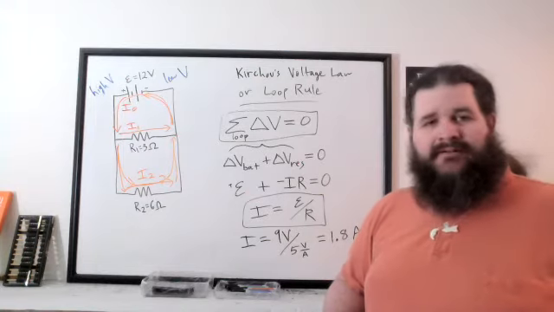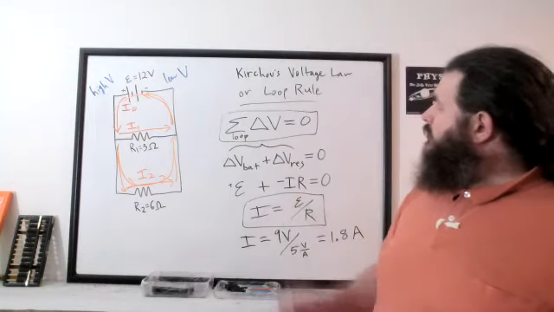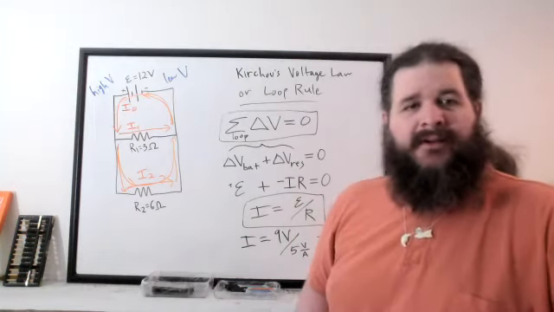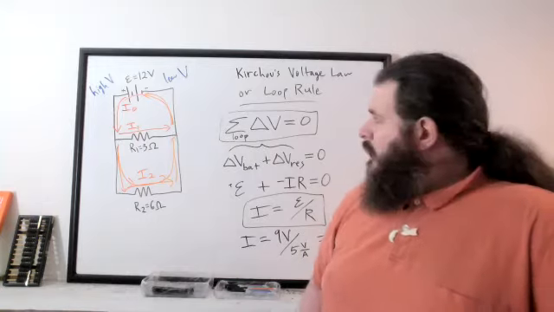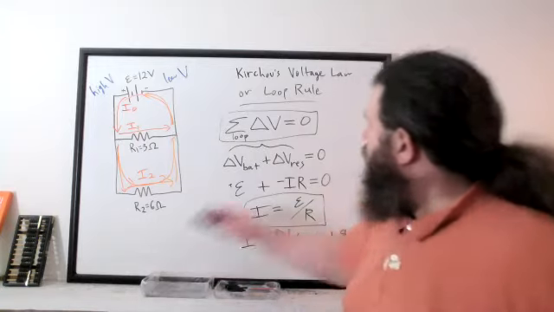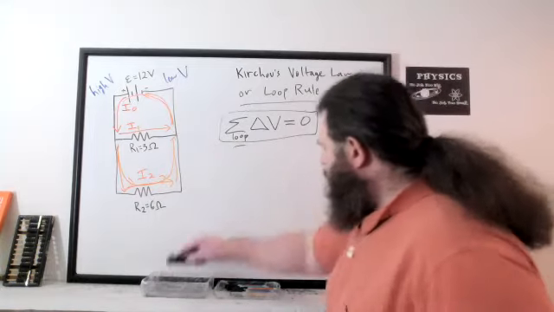So possibly three different currents here. And we can still use Kirchhoff's voltage law. We're just gonna have to be careful about how we set up loops, because there's not just one loop here, there's several loops. And we can also use Kirchhoff's current law, which tells us something about what's happening at the junctions.